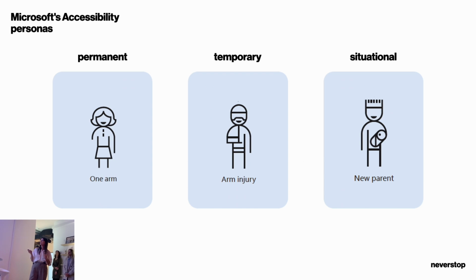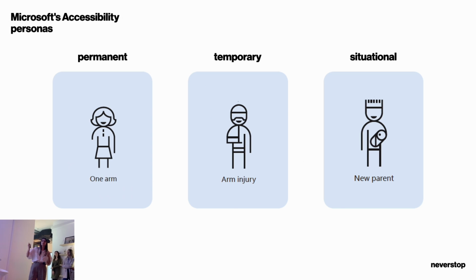But there is also a model developed by Microsoft, which explains accessibility personas. At any point in life, we can end up anywhere here. We can have a permanent disability, like only one arm because something happened to us and there was an accident. But maybe we had an arm injury, a skiing accident, and now we cannot use one of our hands.